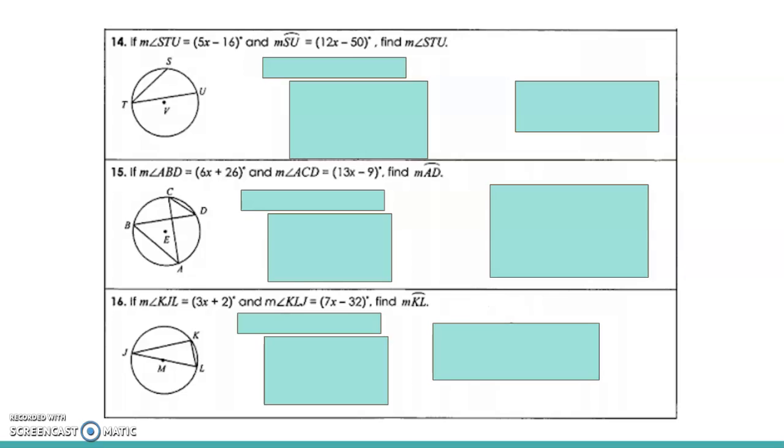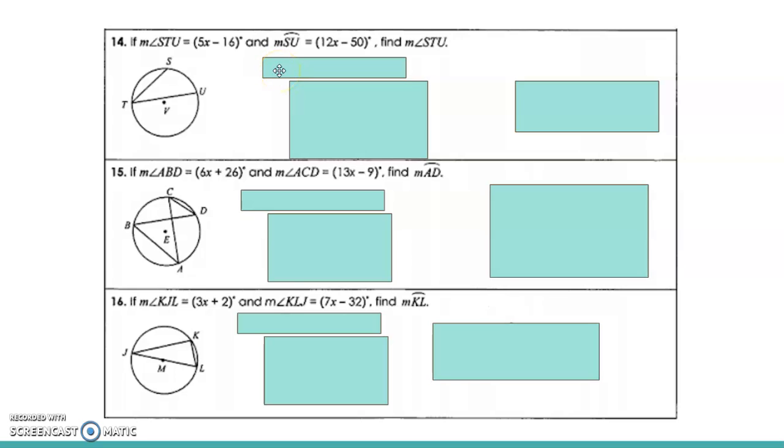For number 14, 15, and 16, we're using algebra as well. This time we have to actually mark our picture ourselves. So they gave me STU, that angle is 5x minus 16, and the arc SU is 12x minus 50, and I need to find what the measure of STU is.